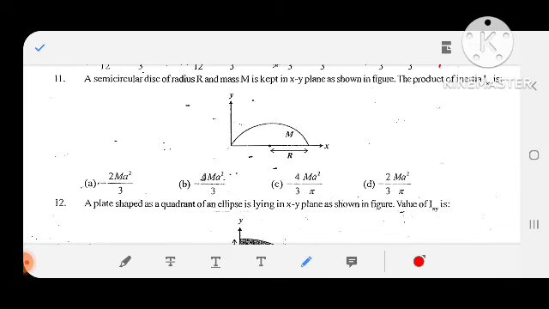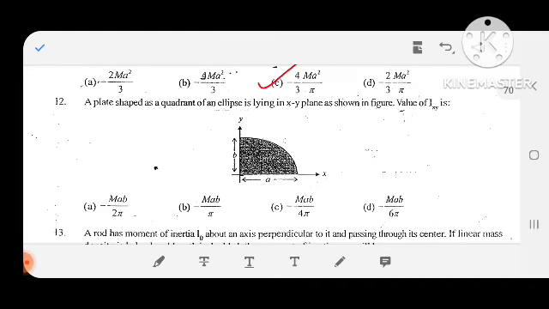The product of the inertia Ixy is −4/3 ma²/π. A plate shaped as a quadrant of an ellipse is lying in the xy plane as shown in the figure. The value of Ixy is −mab/2π.